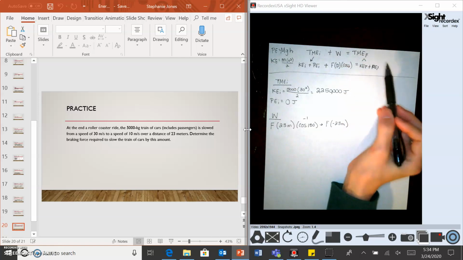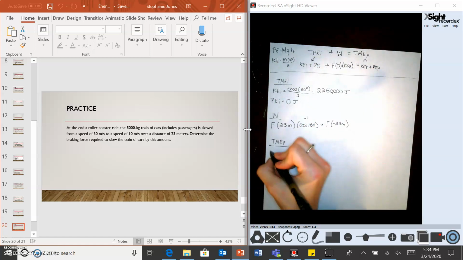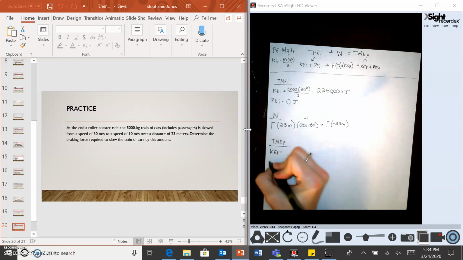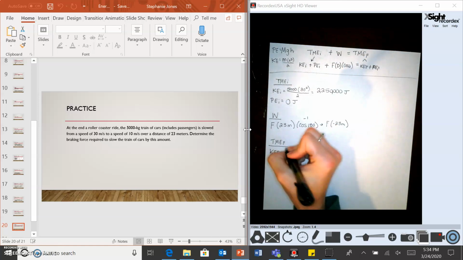And now we're going to move on to our total mechanical energy final. We need our kinetic energy finally, and then our potential energy final. So at the end, we need to see if this roller coaster is still moving. Does it still have velocity? And the answer is yes. It's 10 meters per second. So that mass does not change. It's still 5,000.